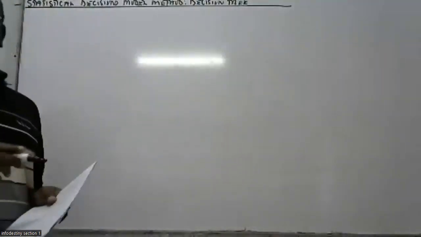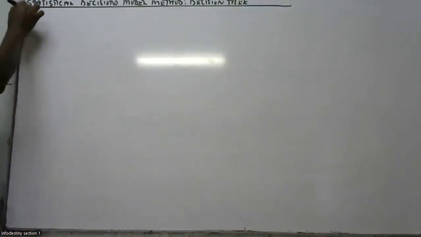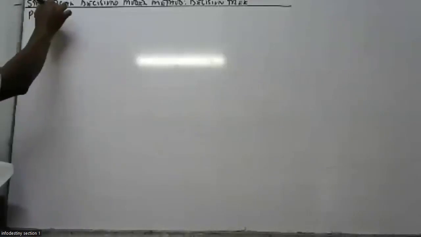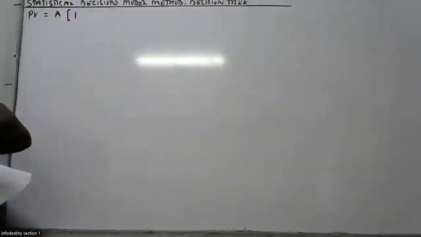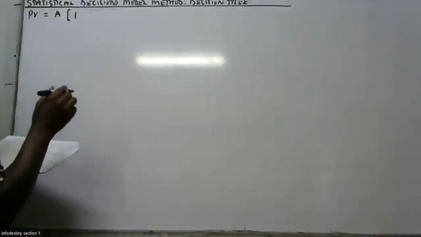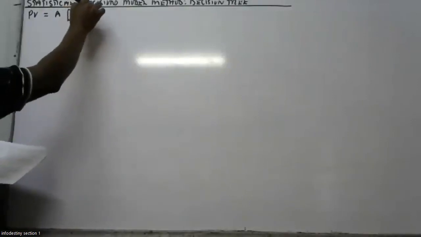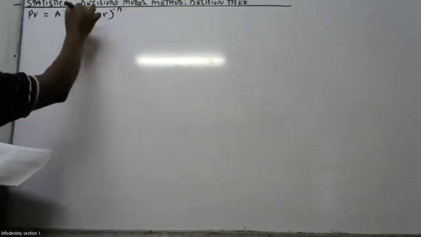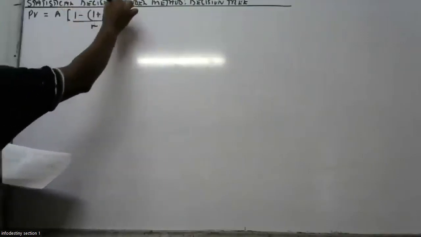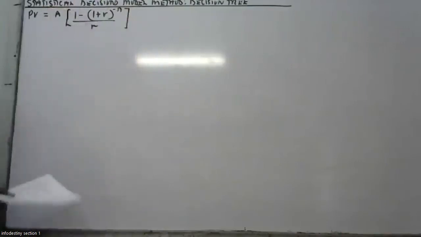Now, for you to do the decision tree, there is a working that will require the present value of annuity, which is the amount times 1 minus (1 plus R) raised to power minus n, divided by R. I think that's the formula that we use, if I'm not wrong.